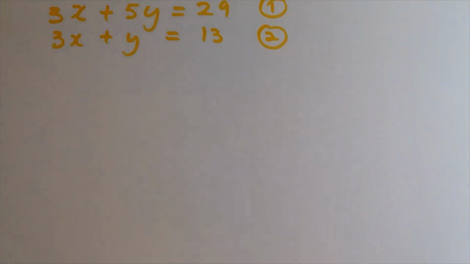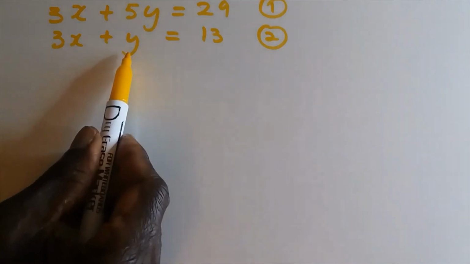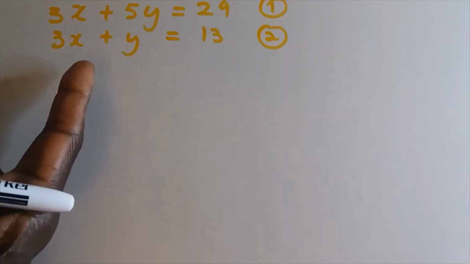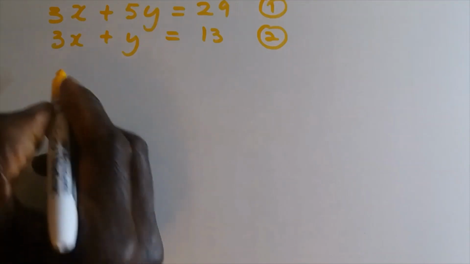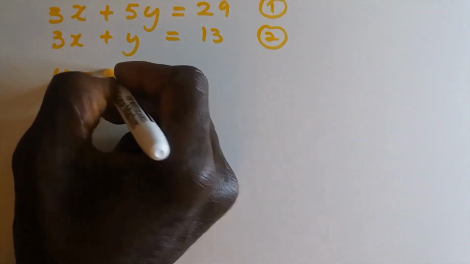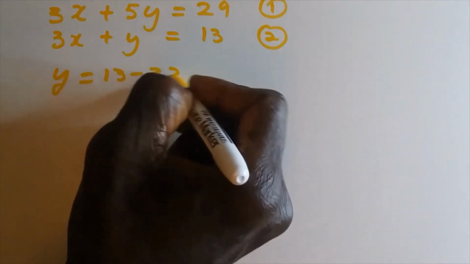Today we'll talk about solving simultaneous equations using the substitution method. And first I can see that I have y on its own here, so this is a good candidate for me to rearrange. So I'll rearrange equation 2, and that now becomes y is equal to 13 minus 3x.